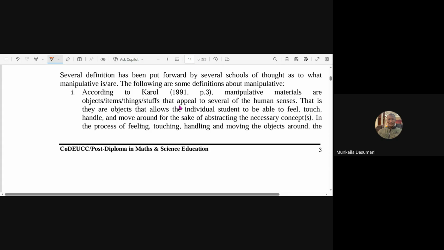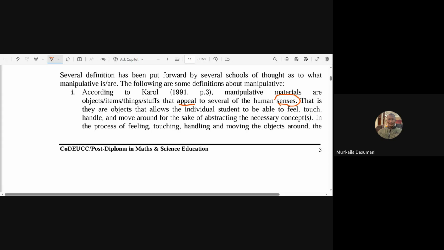Once you take it, you feel it, you taste it, all of your senses, though not all of them, it can be several of them. It is an object that allows the individual student to feel, touch, handle, and move around for the sake of abstracting the necessary concept.